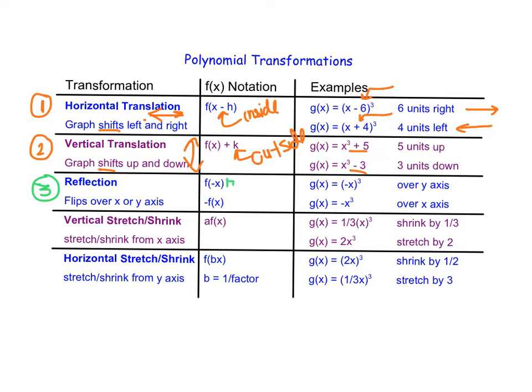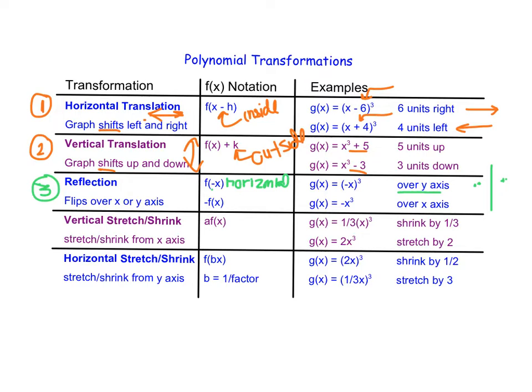So the multiplication of -1 on the inside of the parentheses here represents a horizontal reflection. And what's a little tricky here is the horizontal reflection is going to be from side to side. Notice that this would have to be over the y-axis. So horizontal reflection takes place over the y-axis, and it's done by multiplying the inside by -1.